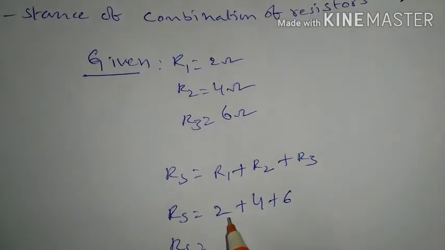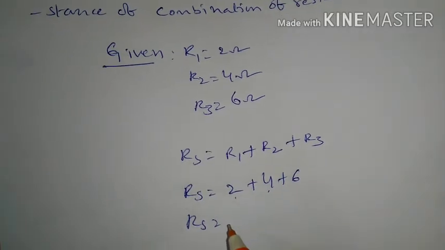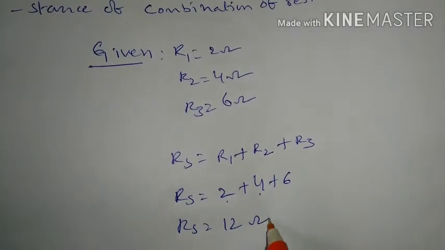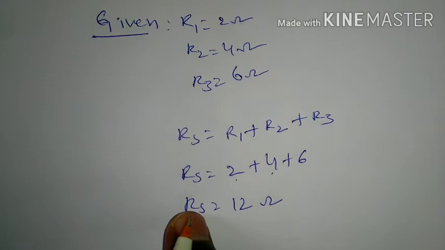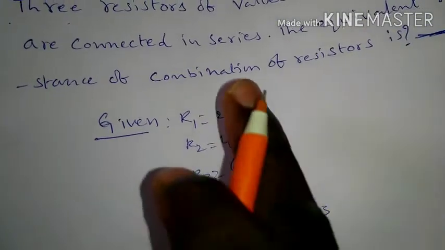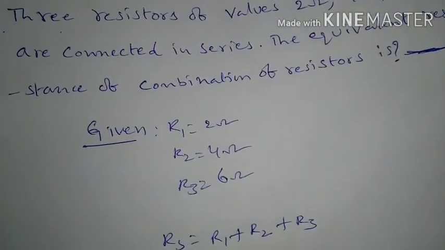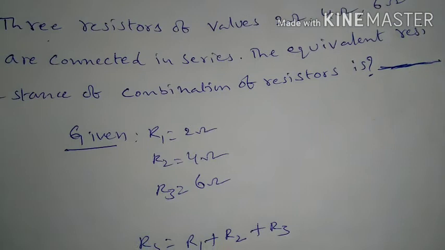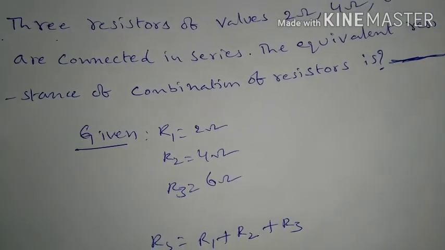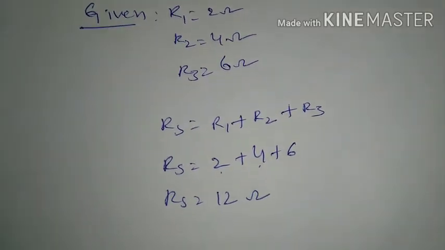Rs is equal to 2 plus 4 plus 6. How much is the total? 12 ohms. The equivalent resistance of the combination of resistors, Rs, is equal to 12 ohms.